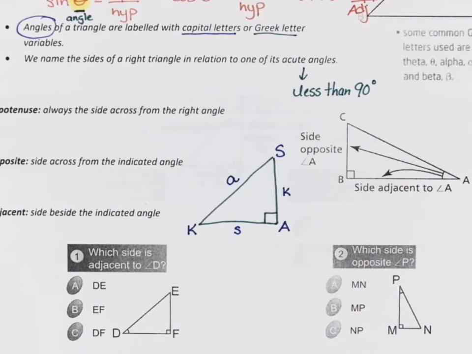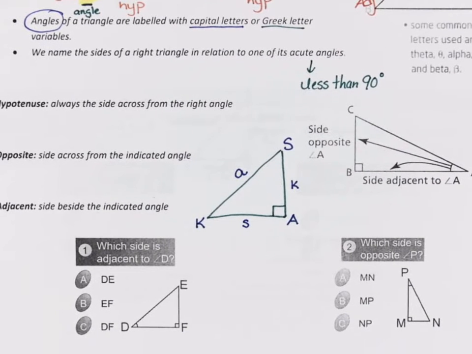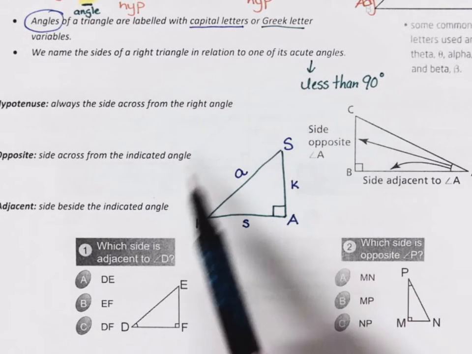So lowercase are your sides, uppercase are your angles. You have to know how to label a triangle appropriately because we're going to start getting outside of right angle triangles and we're going to start using the sine law and the cosine law, which are formulas. If you don't know what side A is or where the side is, you have to be able to label a triangle.